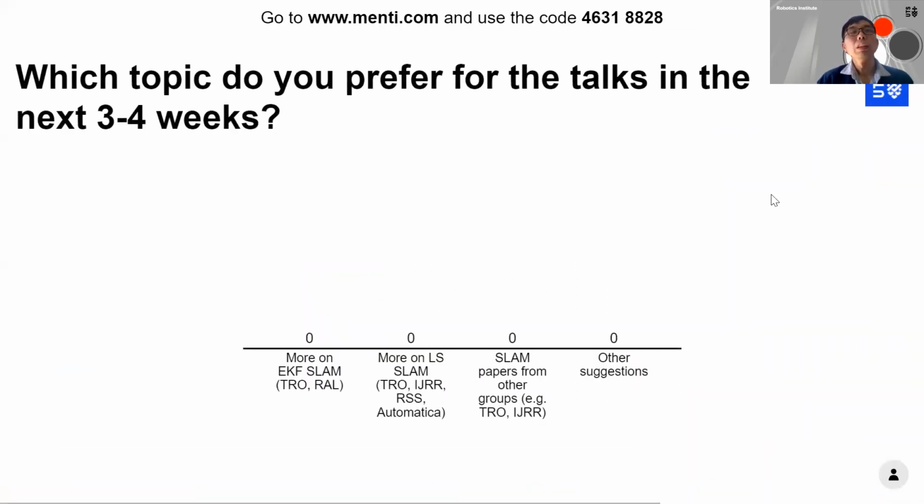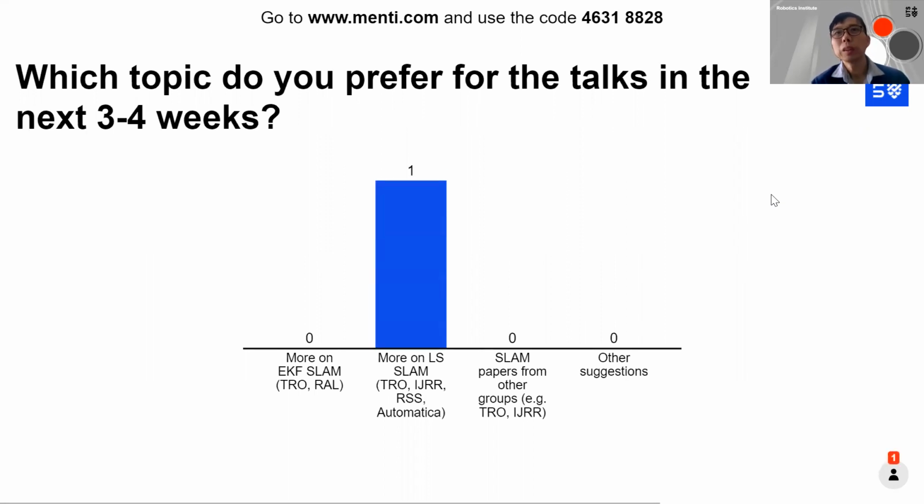This is, in general, what you want to listen to. One is the EKF kind of SLAM, one is the least-squares SLAM, one is some other papers or others, right? So what do you want to hear? More on least squares, more on EKF, or some other papers?